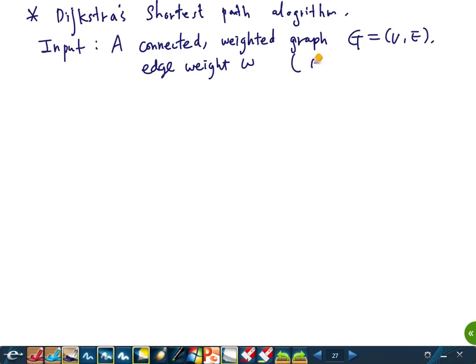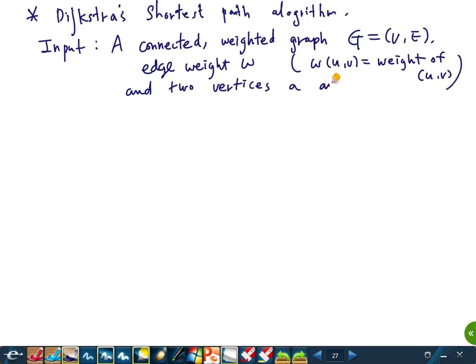So here W(u,v) is the weight of edge uv, because weighted graph means we have weights. And 2 vertices, because we want to go from one place to another. Say A and Z. We want to go from A to Z.